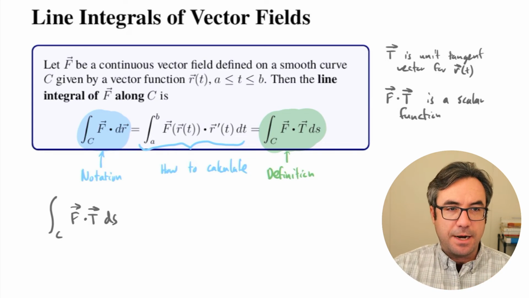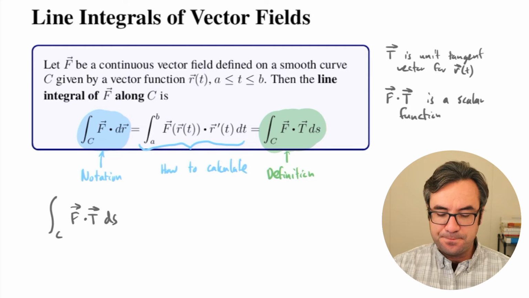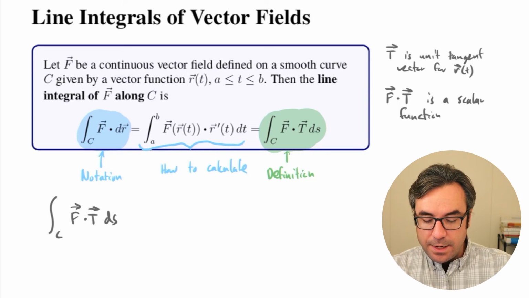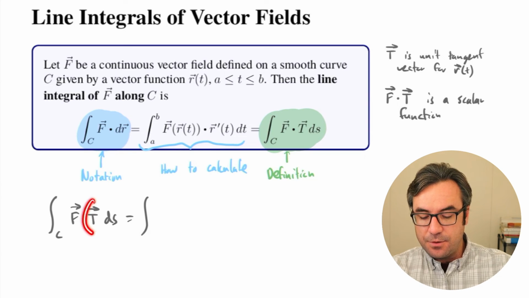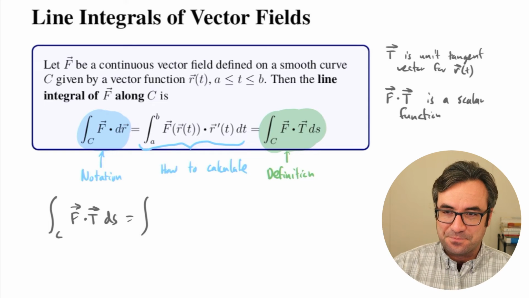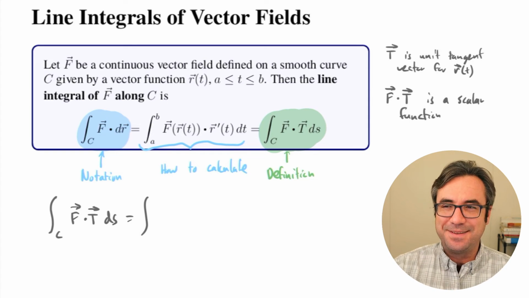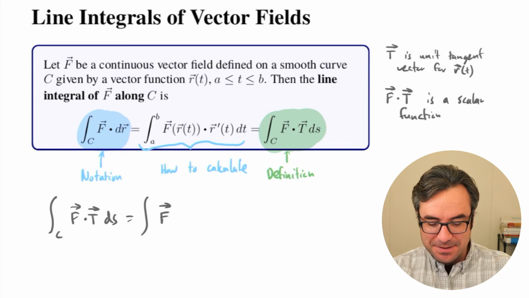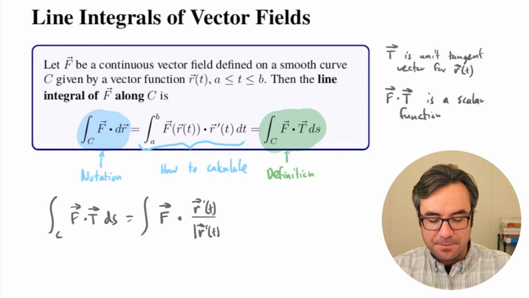All right. So when we do this, what is the unit tangent vector for a curve? Well, we did this a while ago at this point, but hopefully you remember. It's r prime of t divided by the length of r prime of t.